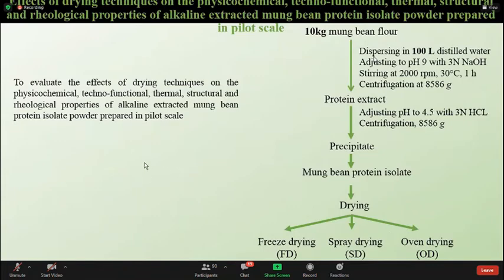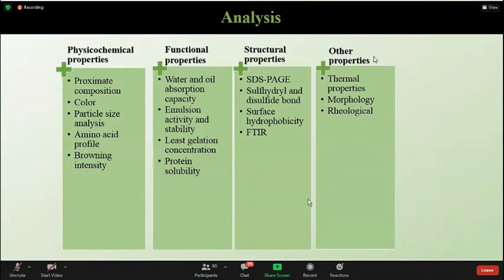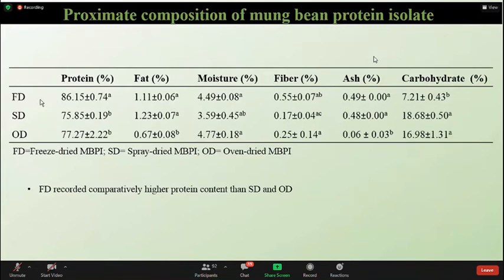These are the analyses that were looked into. If you look at the protein content, freeze drying of course maintains a high protein content compared to spray drying and oven drying, which are slightly lower.